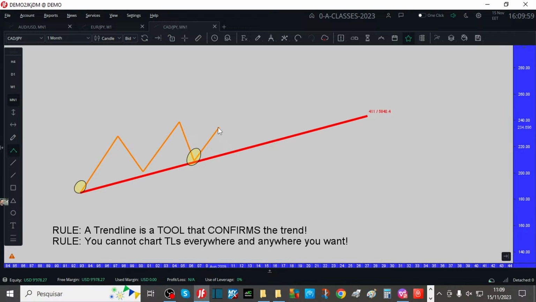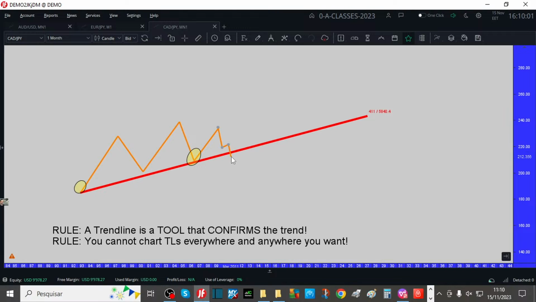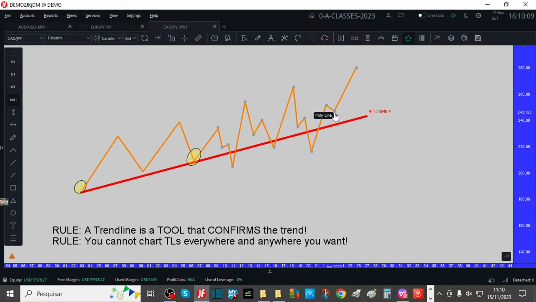But then the market is going to do something like this and like this and like that. So this trend line that was actually right, now it's wrong. Why? Because a trend line is a tool that confirms the trend.